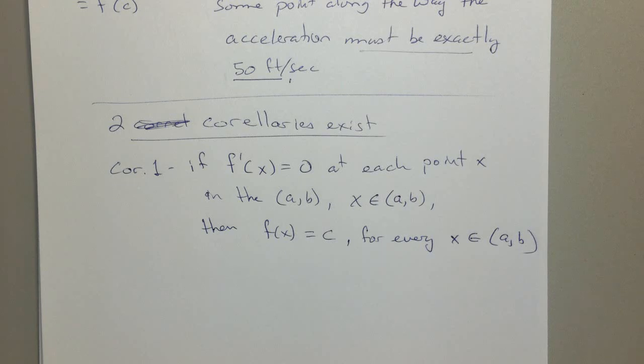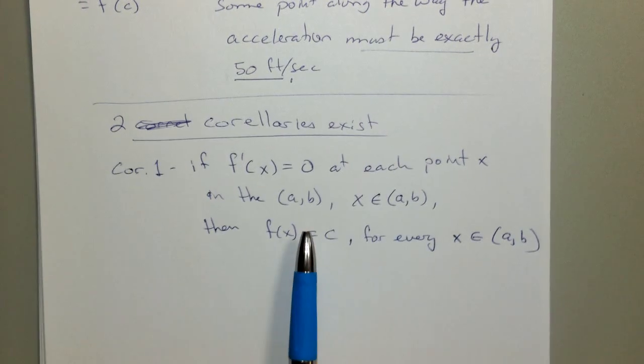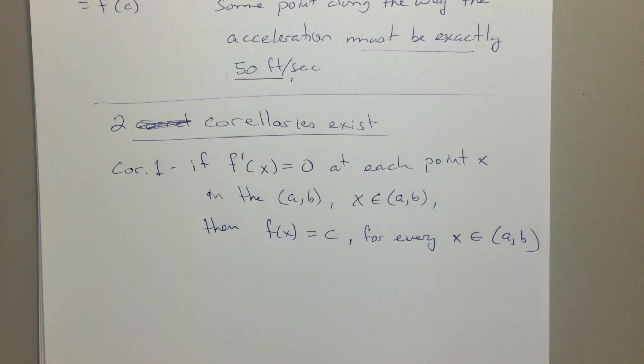But this one says every point in the open interval (a, b) has a derivative equal to 0. So you said this earlier today. What does this mean? In other words, if the first derivative is 0 at every point, the only way that could be true is if the function's a constant.